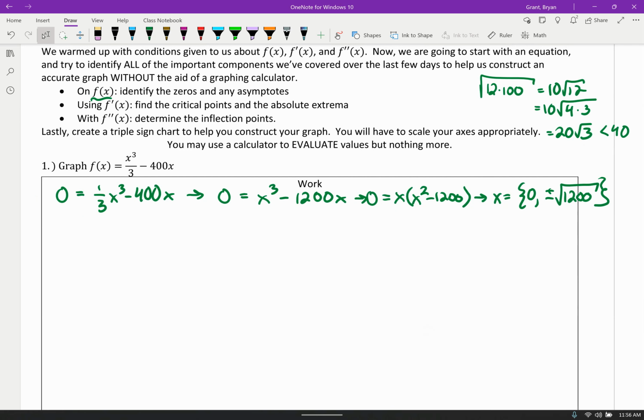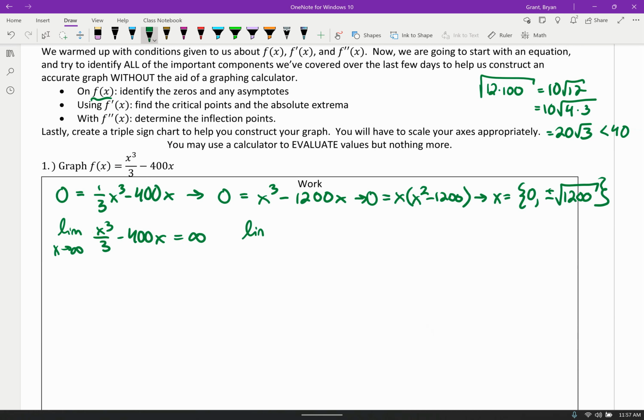Go us. Let's see what else we can find about f of x. They asked us to find any asymptotes. There's nothing that's going to break this equation, so there are no vertical asymptotes. You might remember that to find horizontal asymptotes, we look at two limits. We look at the limit as x approaches positive infinity of this guy. I'm pretty confident if you substitute an infinity, that's going to be infinitely large, so no asymptote on the right.